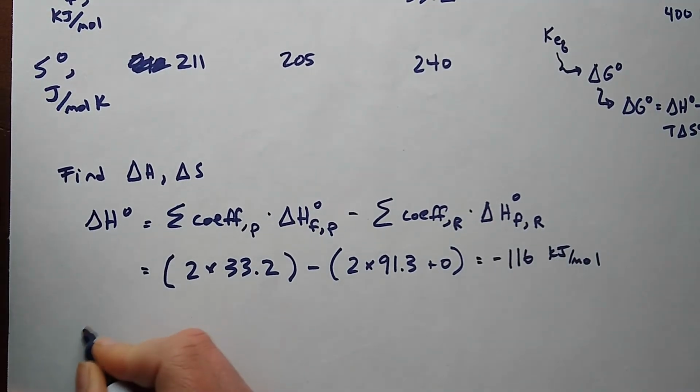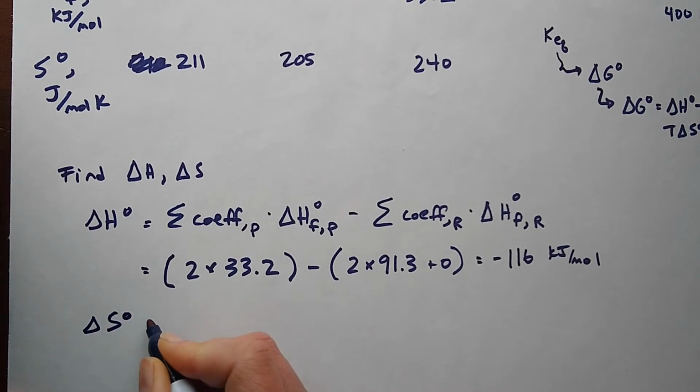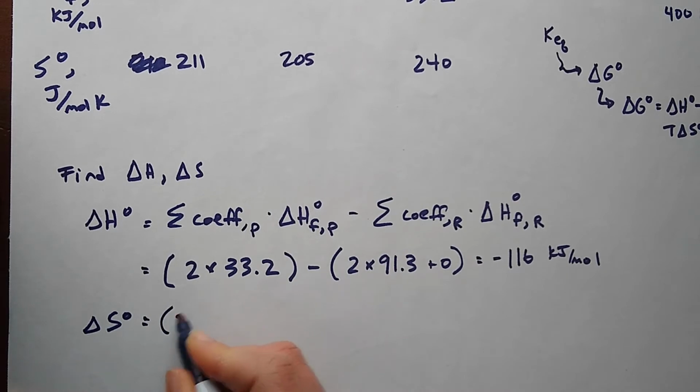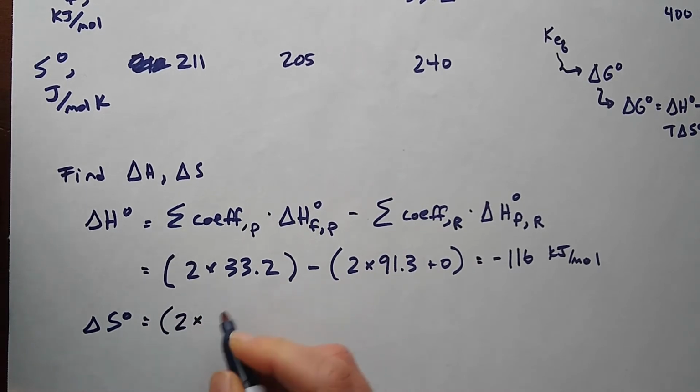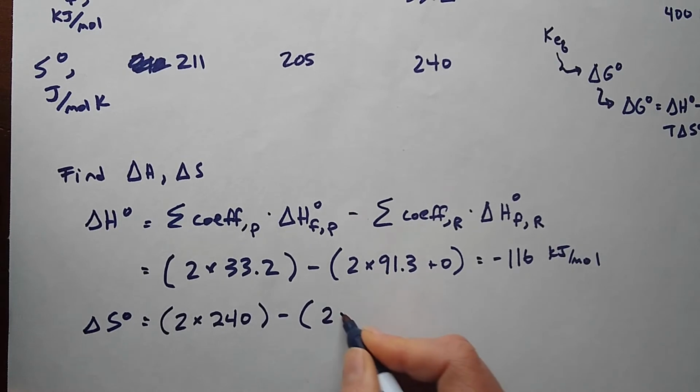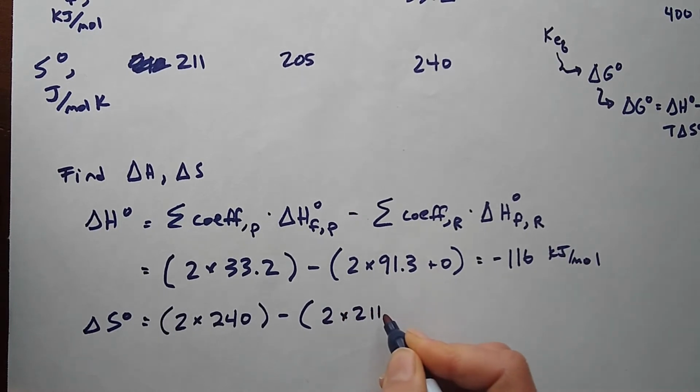So then the entropy change of the reaction, I'm not going to rewrite the equation for that, but it's kind of the same process as with enthalpy. So for our products, I've got 2 times 240, and then minus the reactants, I've got 2 times 211.